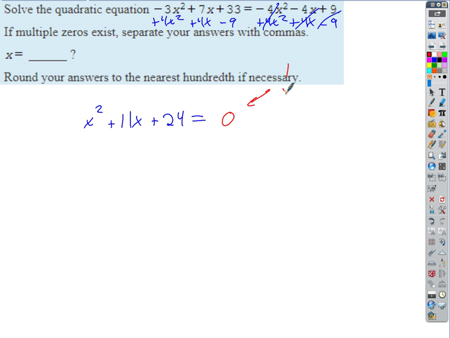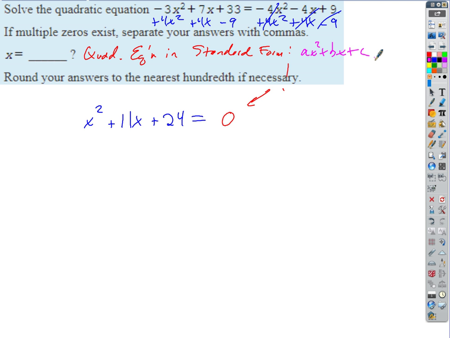Okay? So a quadratic equation in standard form, in fact, looks like this. Just like before, we've got the ax squared plus bx plus c, right?